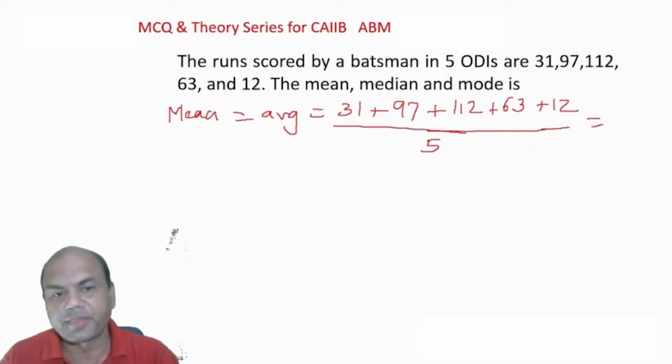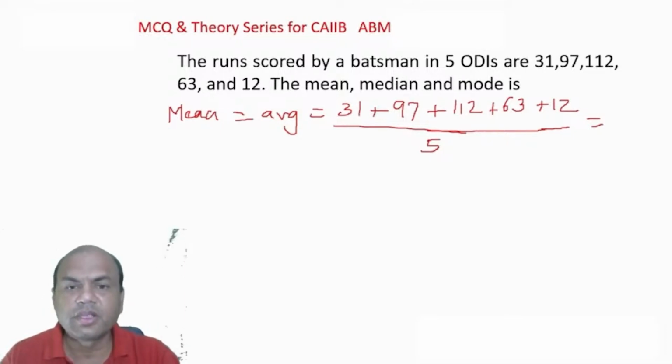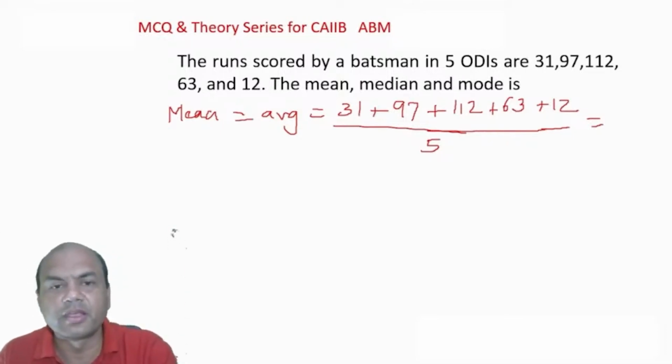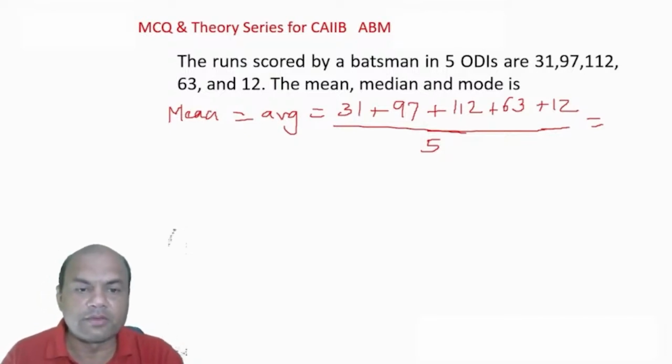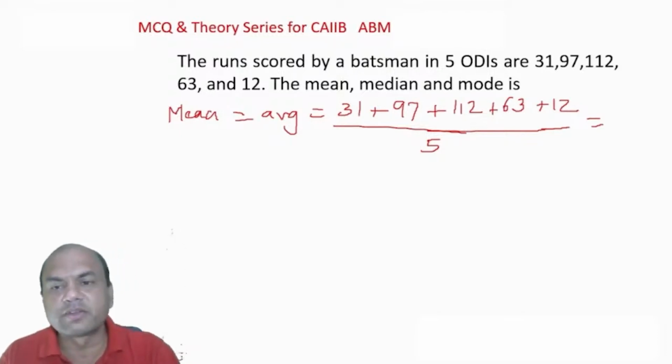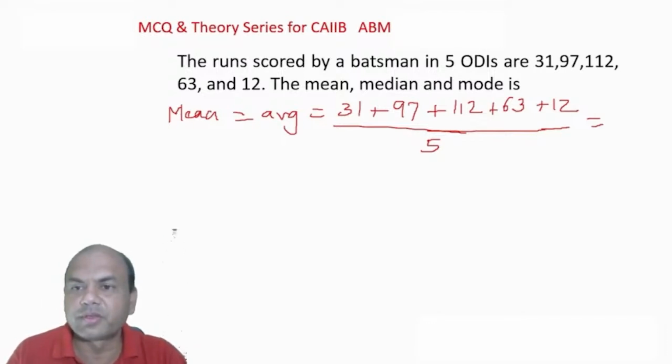So what is it? 31 plus 97 plus 112 plus 63 plus 12. So the total is 315. 315 divided by 5. So it is 63. 63 is my mean, right?